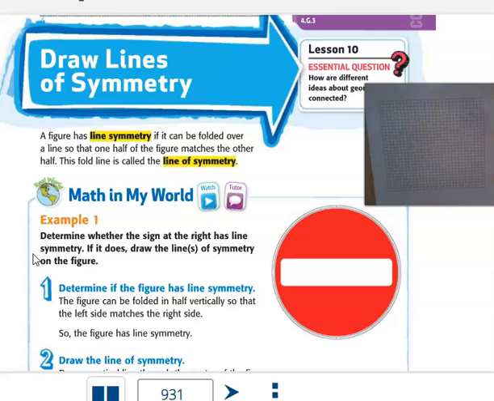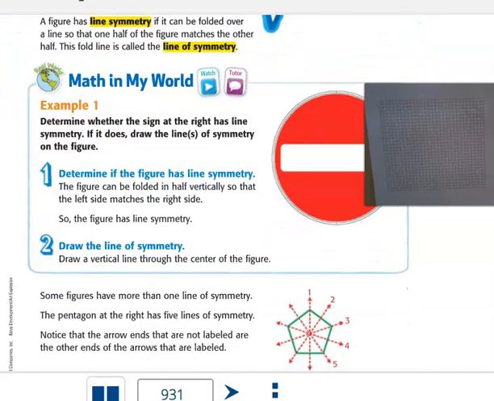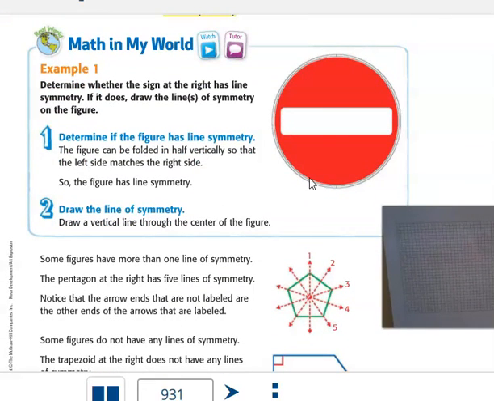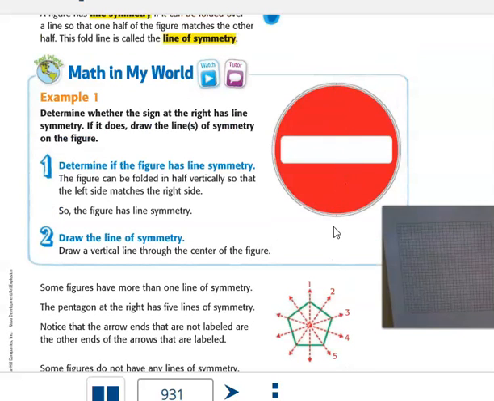For example, determine whether the sign has line symmetry, and if it does, draw the lines of symmetry on the figure. So looking at the shape, if I cut it in half this way, is it going to be the same? If I cut it in half this way, is it going to be the same?